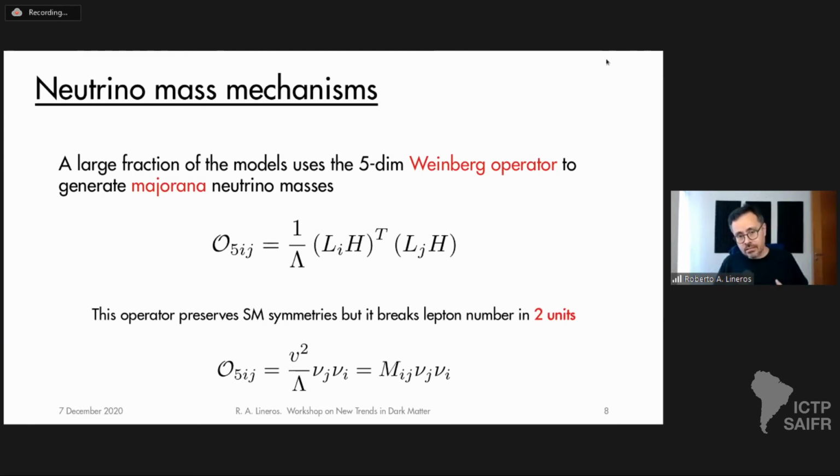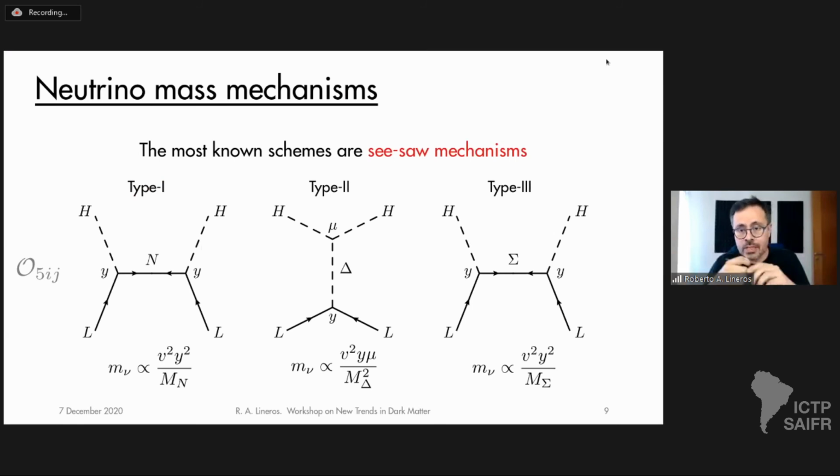So in order to avoid this problem, people try to construct a mechanism that generates this dimension 5 operator. The easiest, most simple or minimal scenarios for neutrino mass mechanisms in the literature are the so-called seesaw mechanisms, which have different variants.